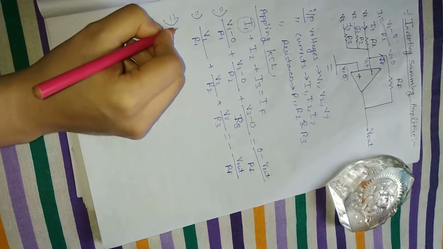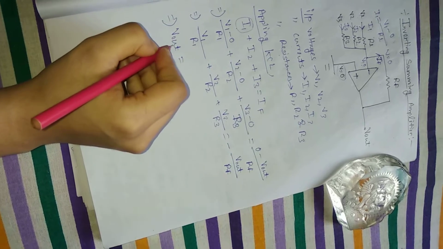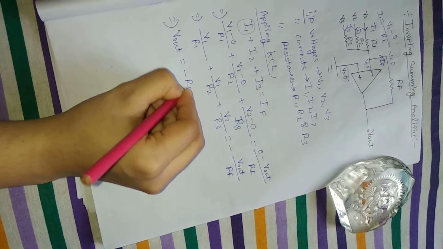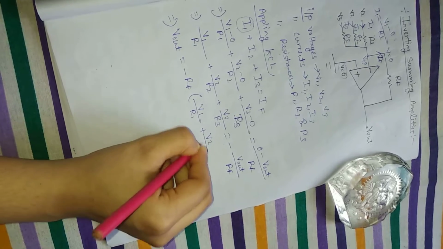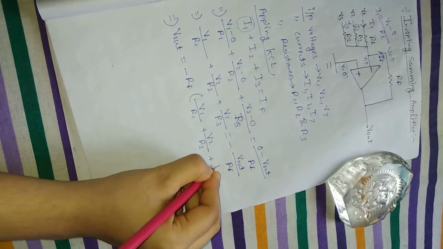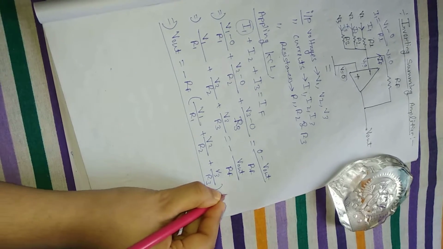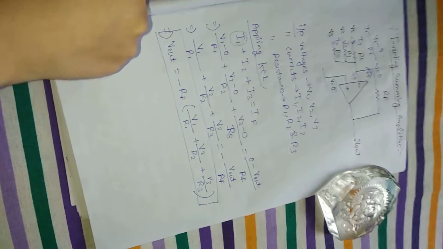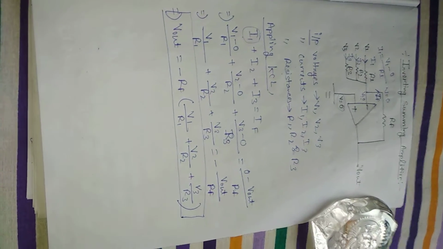So if we find the value of V out, then V out is equal to minus RF times (V1 by R1 plus V2 by R2 plus V3 by R3). But this is a complicated equation. If we want to simplify it, we do something with this equation.